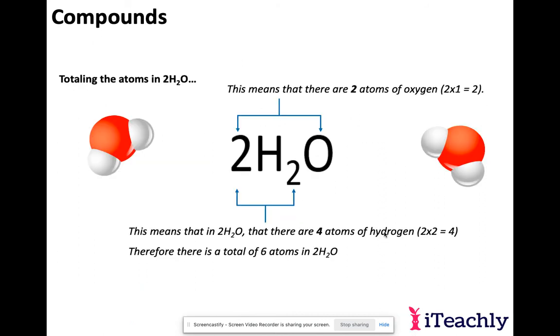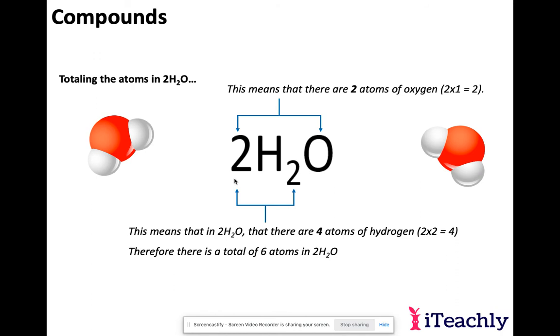So let's look at this. In this scenario, there would be 4 atoms of hydrogen, and then there are 2 atoms of oxygen, for a total of 6 atoms in 2 molecules of water.